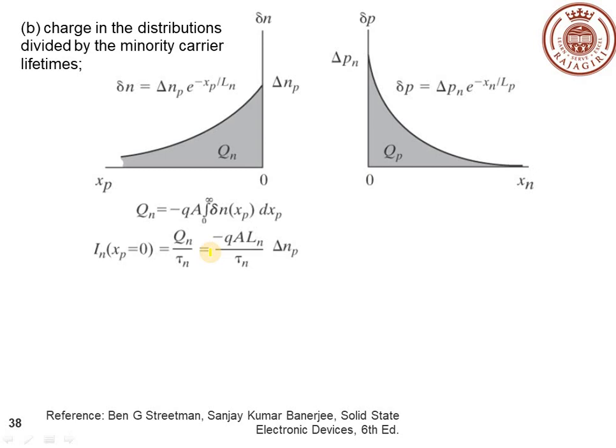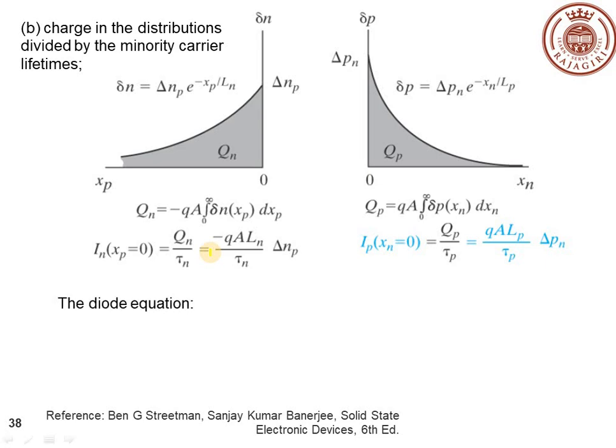So Qn will be minus Q into A into the integral from 0 to infinity of the carrier distribution delta N of Xp dXp. Then In at Xp equals 0 you can find by Qn by tau. Qp you can find by Q into A into the integral of delta P of Xn. Then Ip at Xn equals 0 you can find by Qp by tau. The diode equation again by summing these two: I equal to Ip at Xn0 minus In at Xp0. Then we will get the same equation.